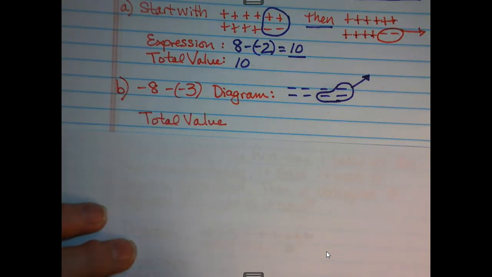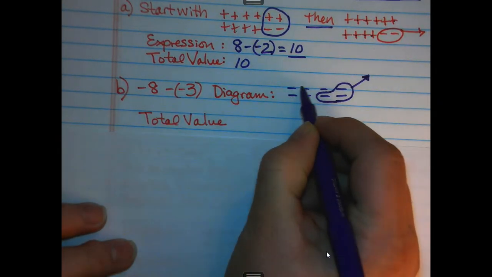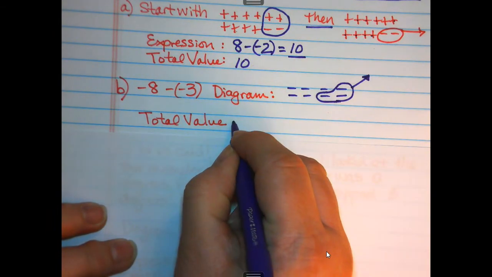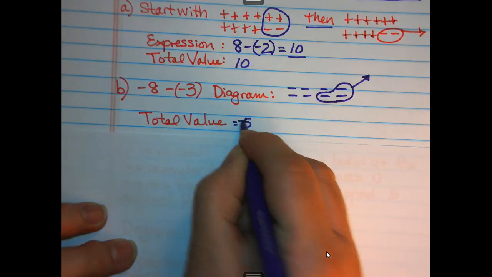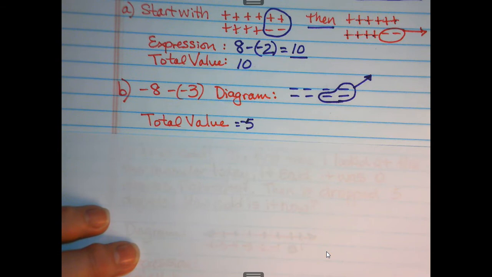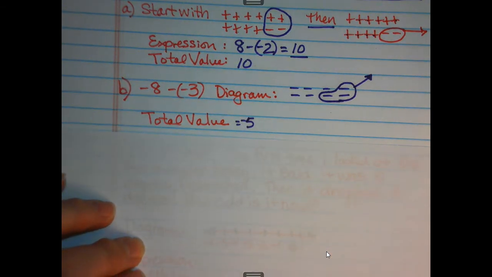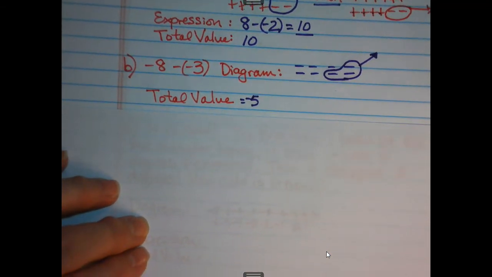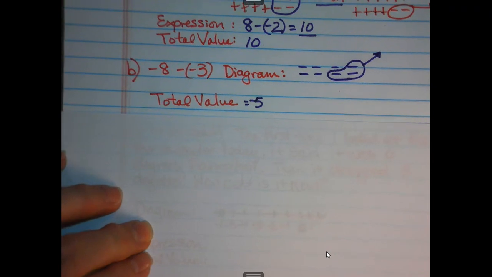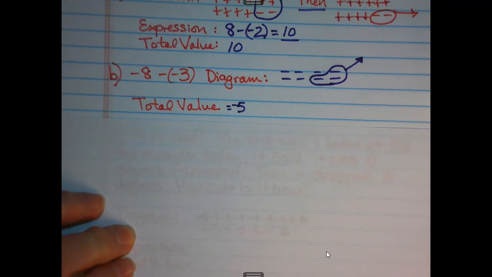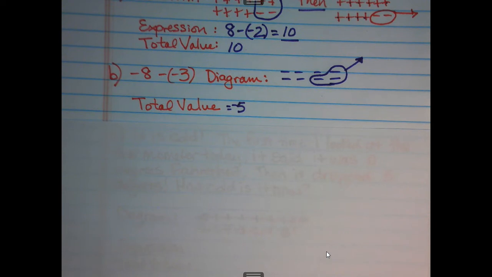My total value is 1, 2, 3, 4, 5. And it's a negative 5. I want to make sure that I label that correctly, because if I don't have a negative in front of it, it is absolutely incorrect. It is a big deal if I owe somebody money, or if I have $5 in my pocket.